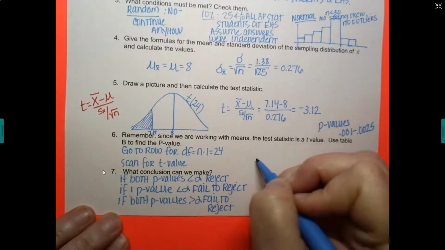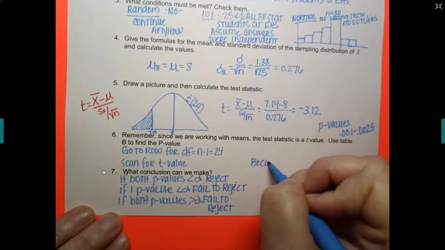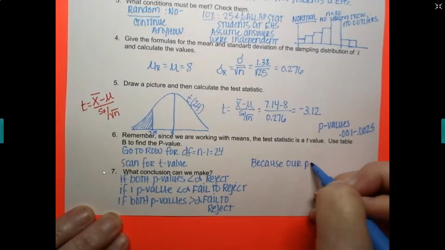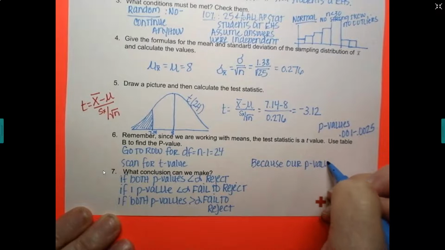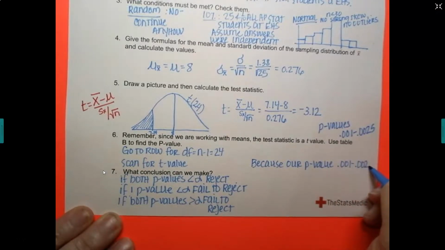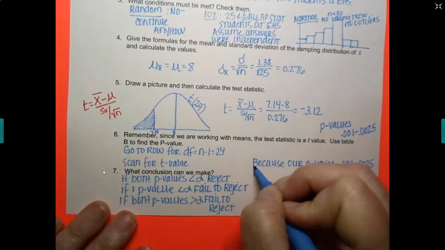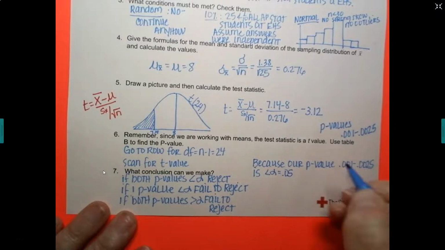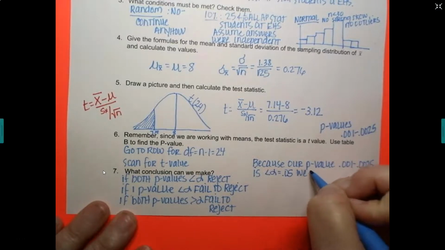So because our p-value 0.001 to 0.0025 is less than alpha equals 0.05, we're going to reject.